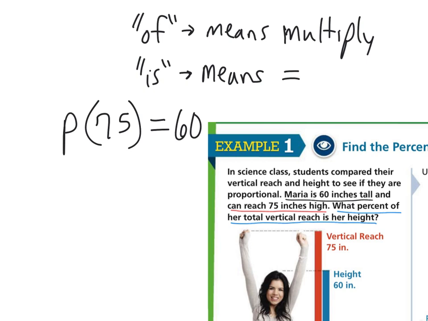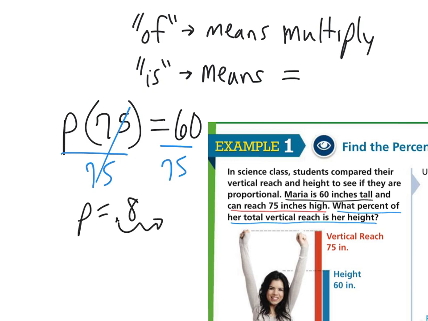And if you look at that, basically we came up with the same equation that the book did, only we have things on the opposite sides of the equation, which is fine. And then just like the book did, we could say they're multiplying, so we divide, and then move your decimal over 2 spots, which would be 80%.